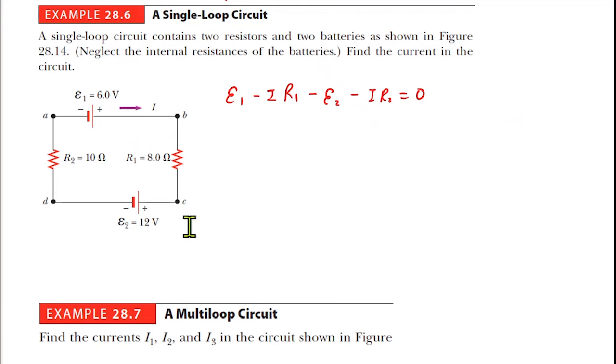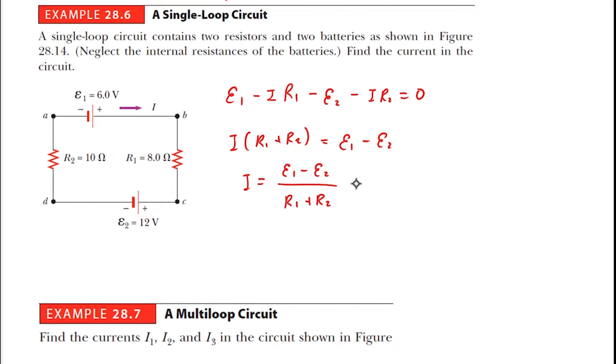Good? Now, the problem says calculate the total current in the circuit. Like terms, so do you see I times R1 plus R2 on the other side is equal to E1 minus E2? Too much algebra? No. Then I happens to be, this is simple enough, we can do it with symbols, but the next example is not so nice, so we are not going to do it with symbols, right?